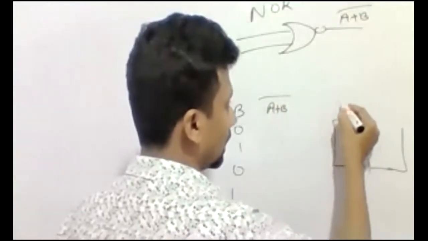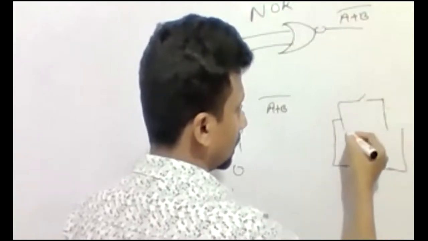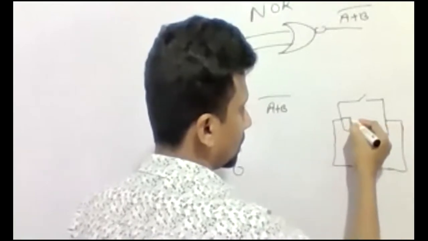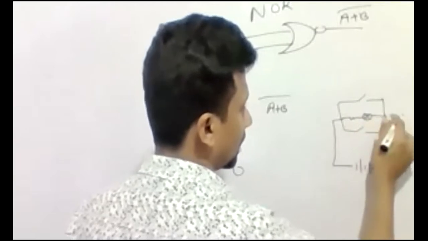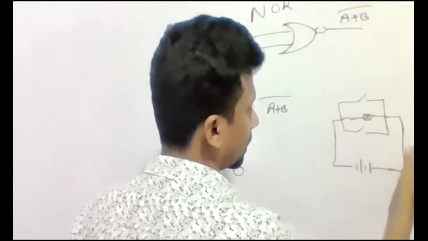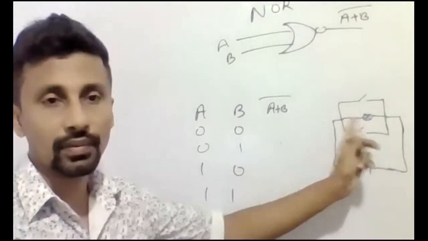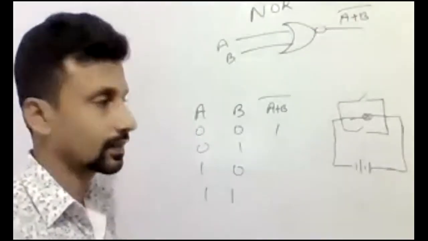This is our circuit. Here I am using the bulb with a resistance. I'm connecting like this, right? With both switches off, the bulb will be working, so your output will be 1 here.